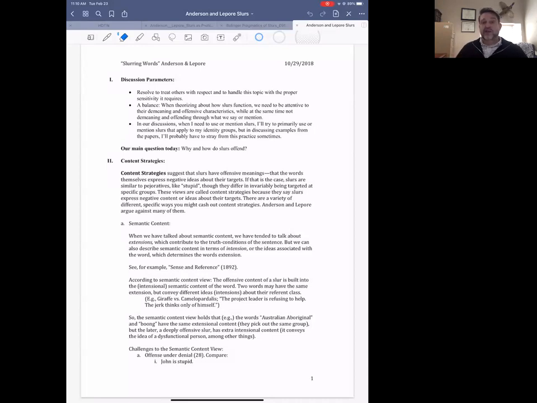And when we theorize about how slurs function, we need to be attentive to these negative aspects of these words. We need to be attentive to their demeaning and offensive character. But at the same time, we need to be careful not to demean and offend others through what we say or what we mention. So I'm appealing here to a distinction between saying something and mentioning something.